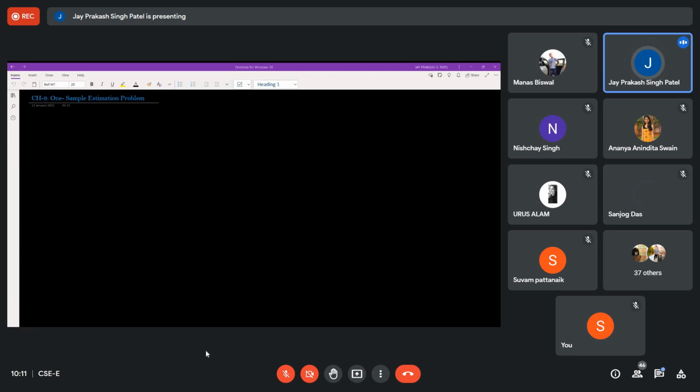If you want to understand the central limit theorem once again, I can explain. Otherwise, I will start chapter 9. आप लोगों को पता है सेंट्रल लिमिट थ्योरम कैसे वर्क करता है?